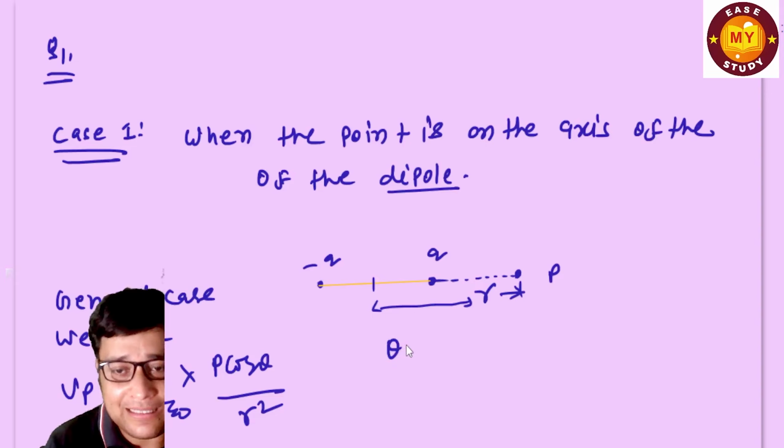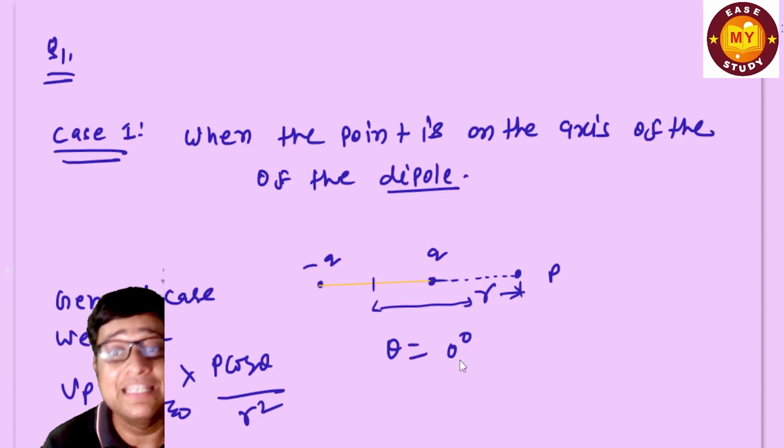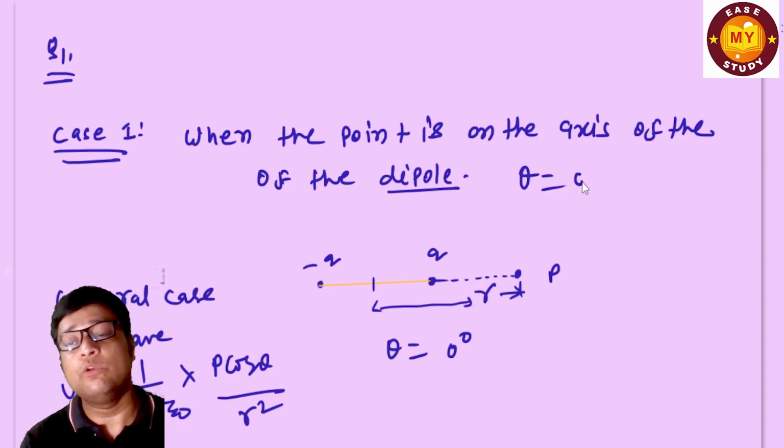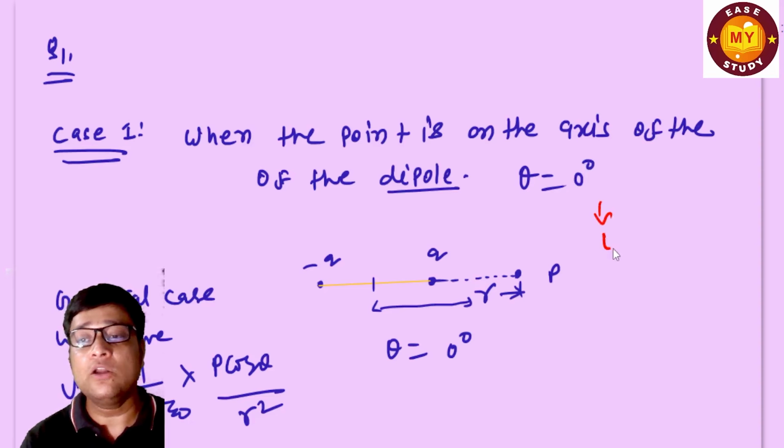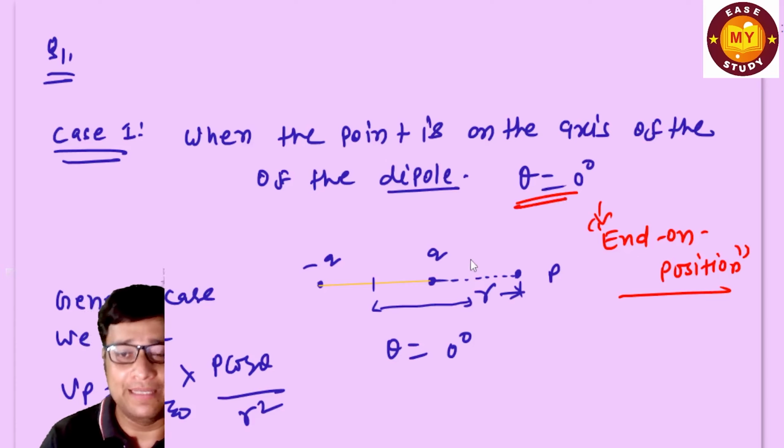Now, what is the theta here? Theta will be 0 degree. For the axial position, theta will be 0 degree, which is also called the end-on position of the electric dipole. In some books, it is written there. So for end-on position, theta will be 0 degree.